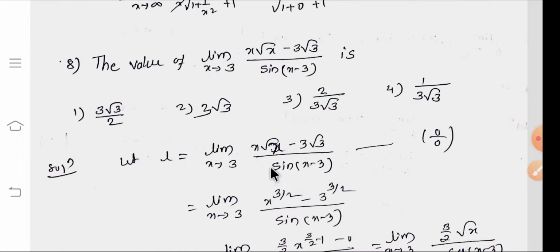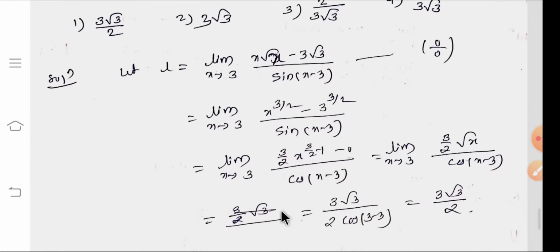So here x root x means x raised to 3 by 2. Let us go: limit of x tends to 3, (x raised to 3 by 2 minus 3 root 3) upon sine of (x minus 3). So differentiating numerator and denominator we get limit of x tends to 3, 3 by 2 x raised to 3 by 2 minus 1, minus 0, upon the derivative of sine of (x minus 3), which is cos of (x minus 3).